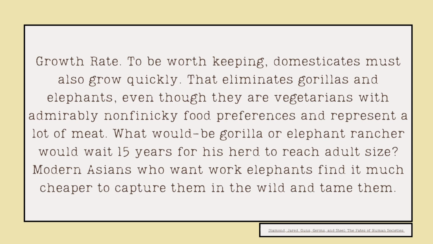So for instance, if it takes a single herbivore 1,000 pounds of food to grow, and it only takes a year, that's 1,000 pounds. But if it takes 10 years, that's 10,000 pounds of food that we have to provide for that creature over the course of its lifetime.